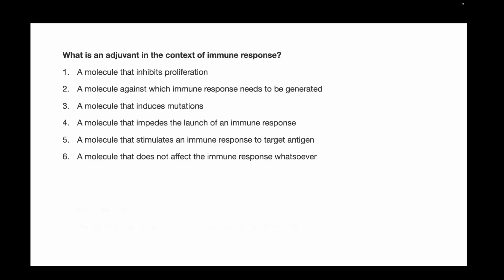The correct answer here would be option 5, a molecule that stimulates an immune response to target antigen. An adjuvant is specifically defined as a substance that enhances, increases, or modulates the immune response to an antigen in a vaccine. And adjuvants help the immune system launch a stronger and longer lasting response to the target antigen, ensuring better vaccine effectiveness. So, option 5 would be the correct answer.